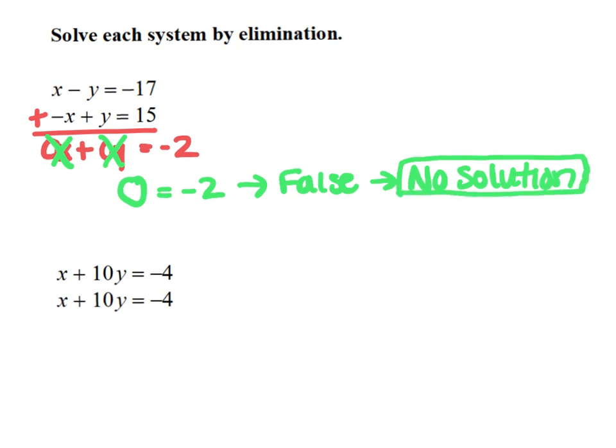Now the second problem, we can see that when I add straight down the variables won't cancel, but if I change the sign on one of them, I can make the x's or the y's cancel. So I'm going to multiply one of the equations by a negative. So for the purposes of this, I'm going to multiply the second equation by negative 1.